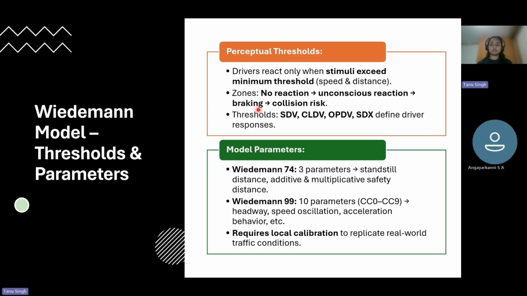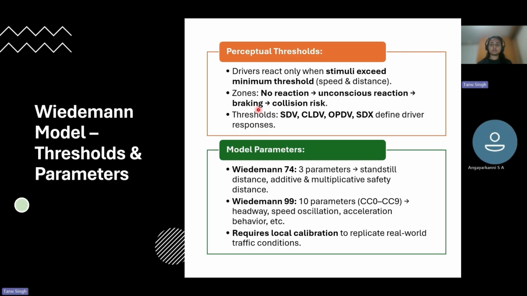Then the model parameters: Wiedemann 74 uses three parameters, that is average standstill distance, additive and multiplicative safe distance. Wiedemann 99 is the more detailed one, and it uses 10 parameters including the headway, speed, oscillation, acceleration, behavior and more.